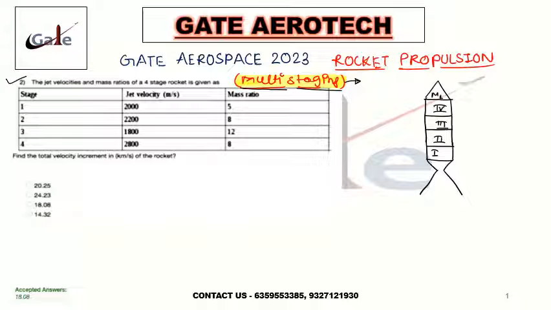We use multi-staging because, let's say, we have burned the first stage of the whole propellant. Now we are going to burn the second stage of propellant, right?